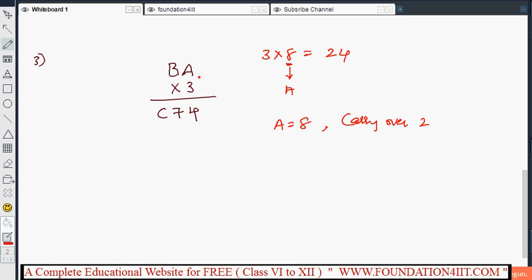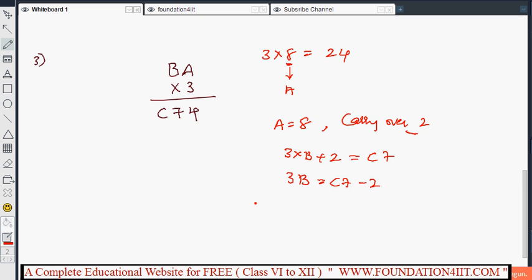And next, 3 into b plus 2, because 2 is the carry over. Now 3 into b plus 2 is equal to c7. So 3 into b is equal to c7 minus 2 if you take this side.